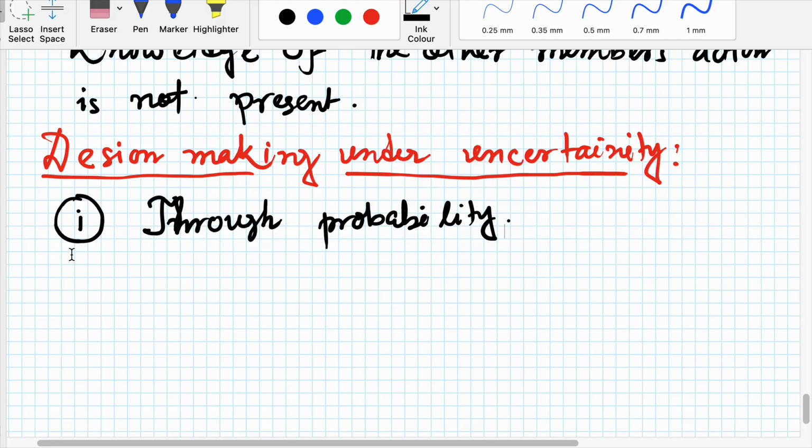If I can associate some VNM utility, some number, with each action, and I know the probabilities and the utility, then the individual will choose the action that maximizes his or her utility.